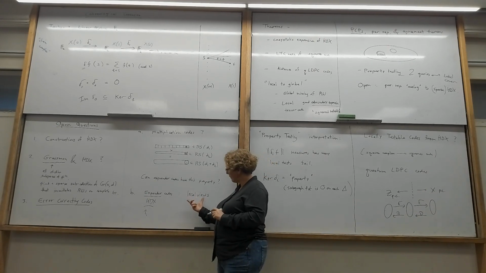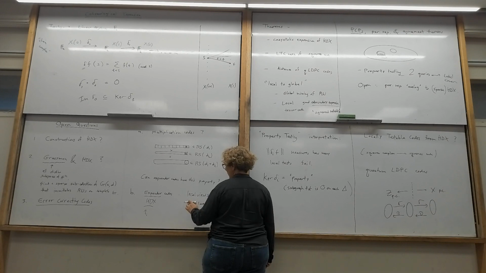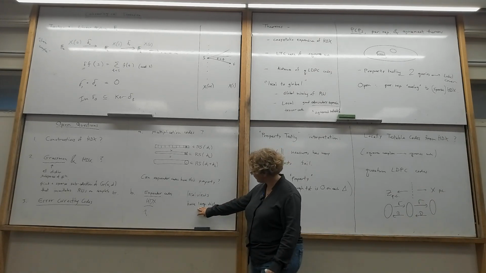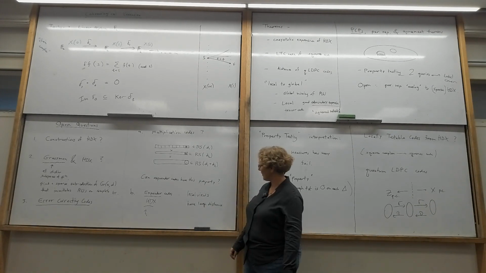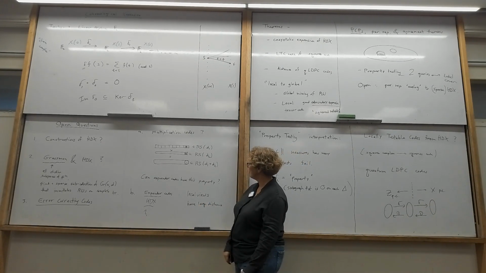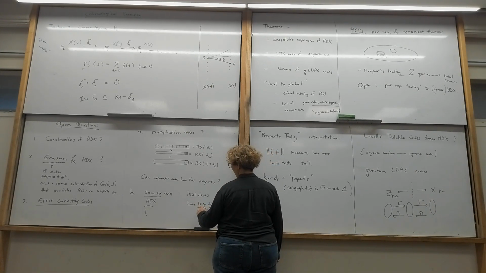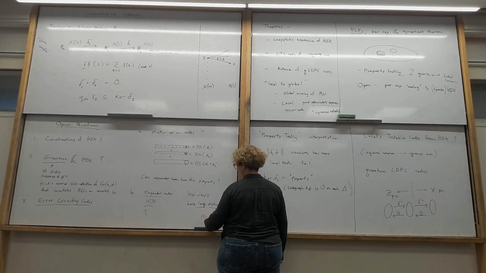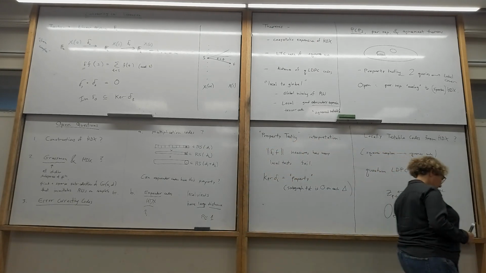And you want that in this local view, the distance of the code will be large. Somehow this might feel like an arbitrary requirement, but it's going to be very useful for many other applications down the line. So large distance, close to 1. Okay, so this is another question.